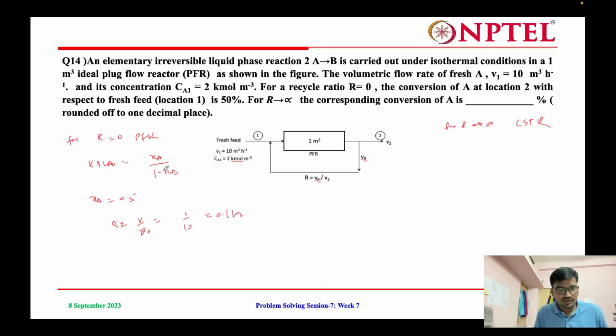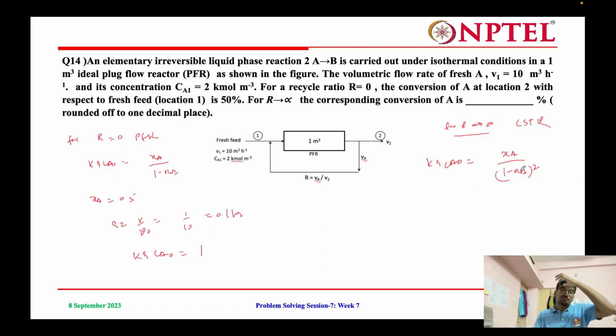Put these values in the equation. So k tau C0 equals 1. Now for R tending to infinity, the performance equation for the CSTR is k tau C0 equals XA by (1 minus XA) squared.